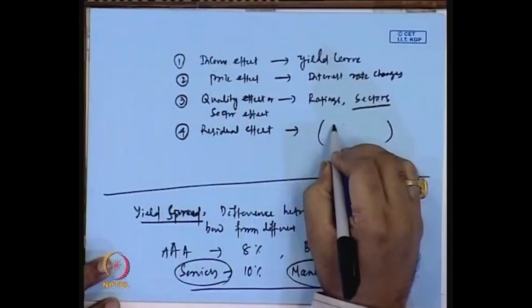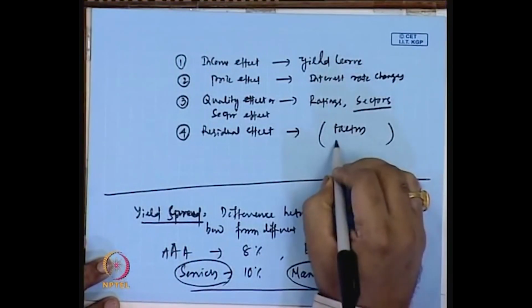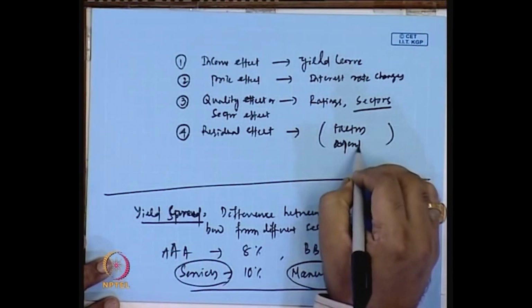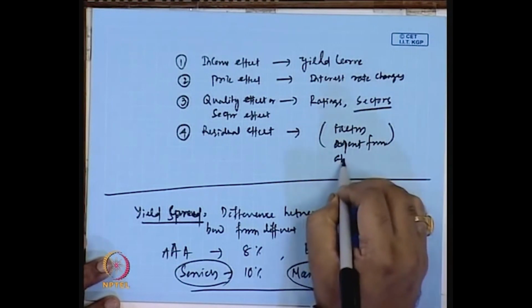Also sometimes, if it is an international bond, then because of certain problems in another market, that market will also affect this bond portfolio's returns in that particular time. So, basically we incorporate these factors apart from the above 3.